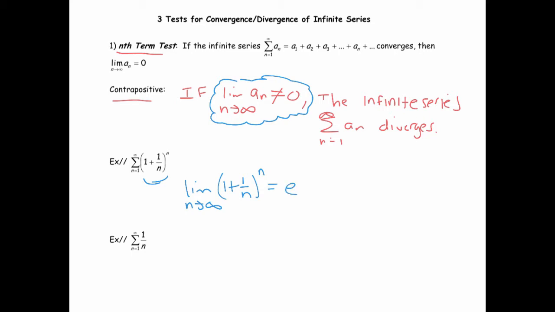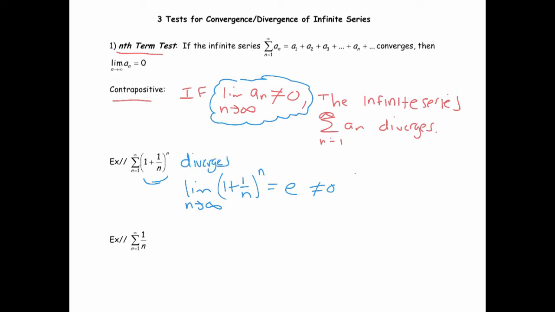What that basically means is in the long run, the terms are approaching e, so it's as though you're adding e, or a number close to e, to itself over and over again, which clearly is going to go to infinity. So that's not 0, which means that this must diverge.